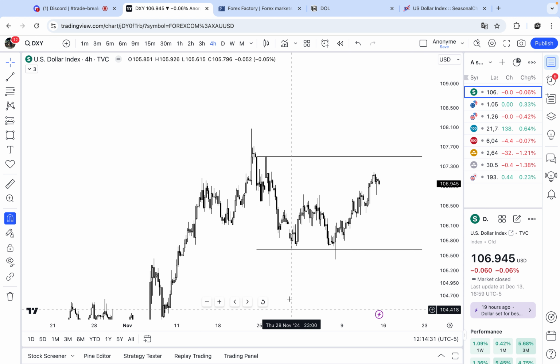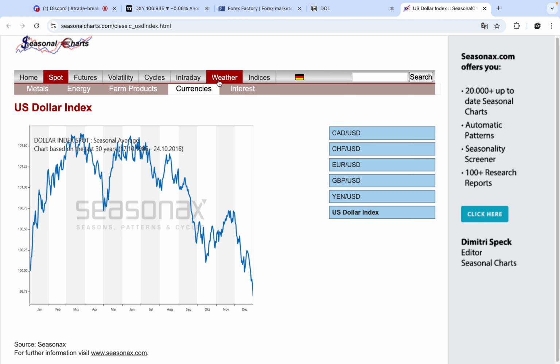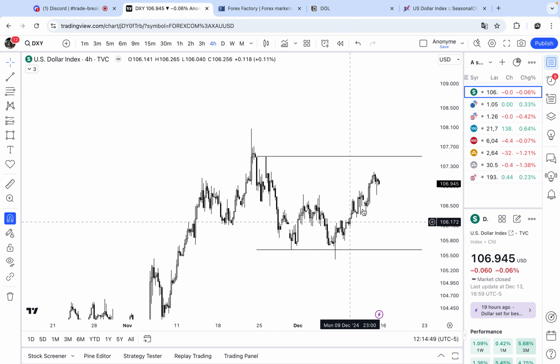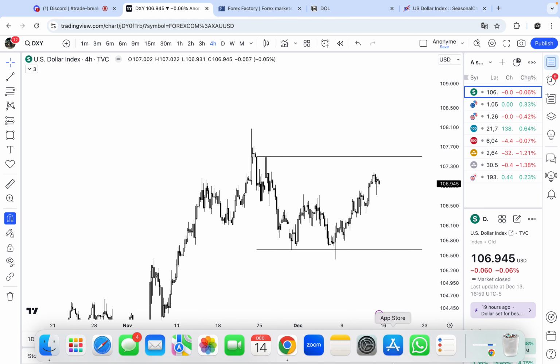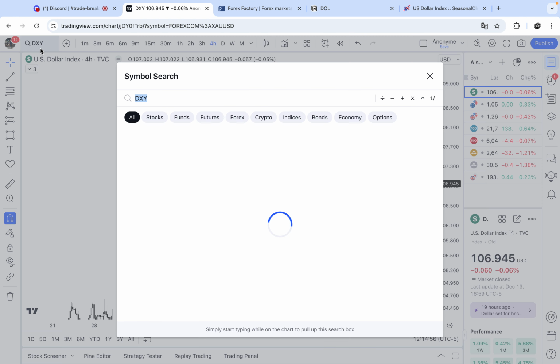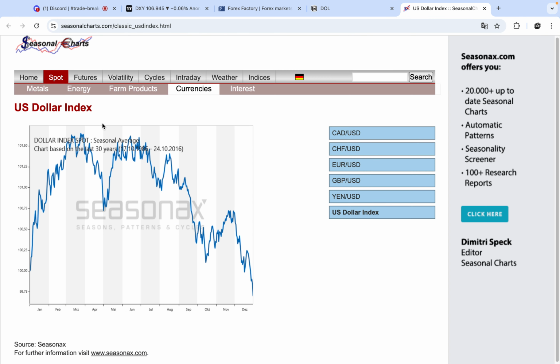Entering into December, and in December price is overall bearish for DXY. So that's why I think we're gonna take out this CRT high, and then after that, goodbye, ciao. Same thing with gold. Gold is bullish for December.